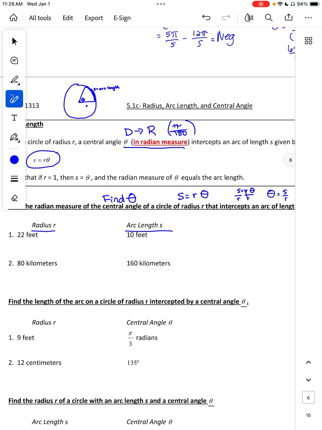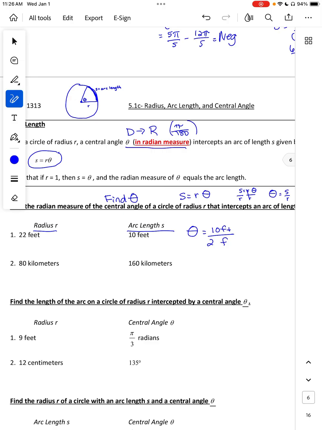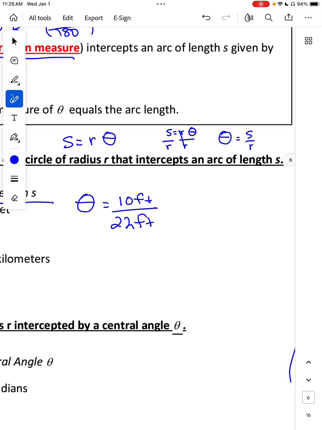So let's look at what we have here. So theta is found by doing our arc length S, 10 feet over 22 feet, which would reduce down, our feet would cancel, to 5 over 11. We need to put that in the calculator because we want to find the angle measure.